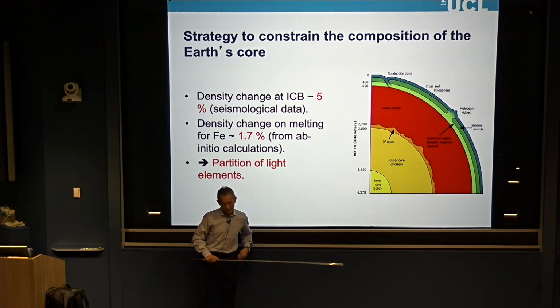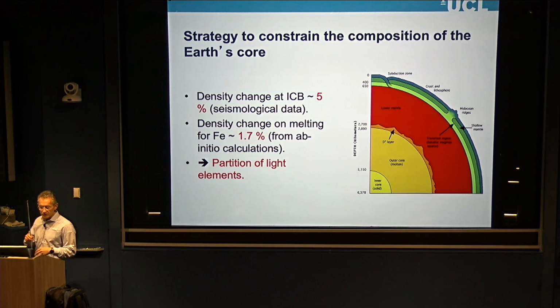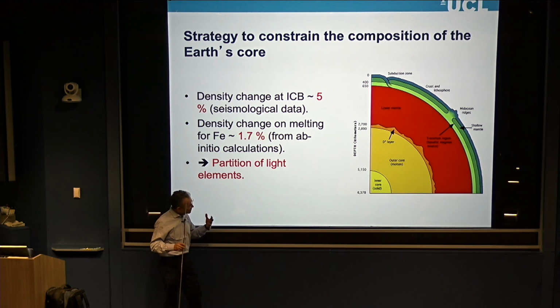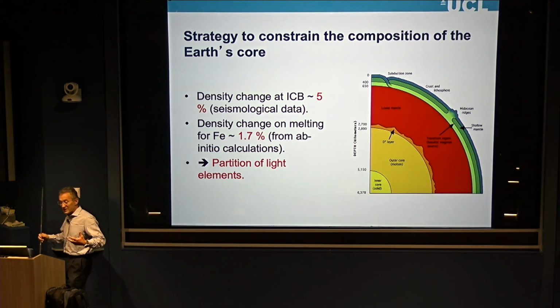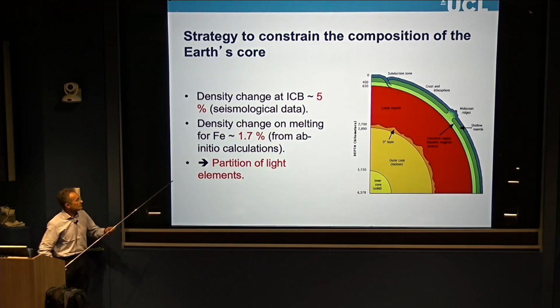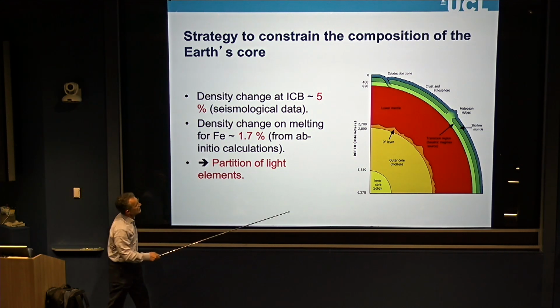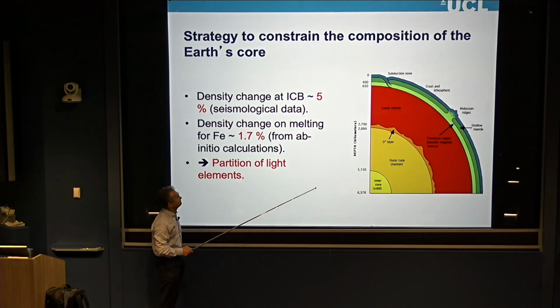So one thing that you can do is to try to develop a strategy to constrain the composition of the core by using what we know experimentally from seismic data and what we can calculate. So the hard datum from seismology is that the density change at this boundary is of the order of 5%.